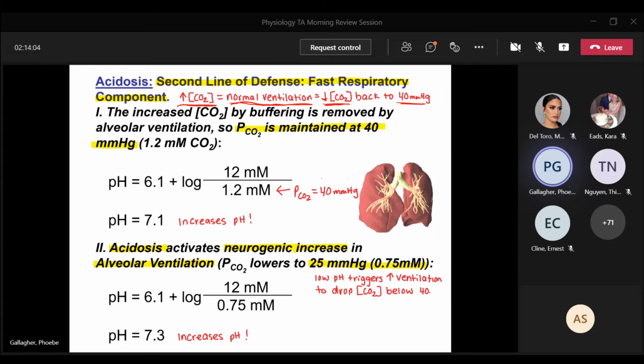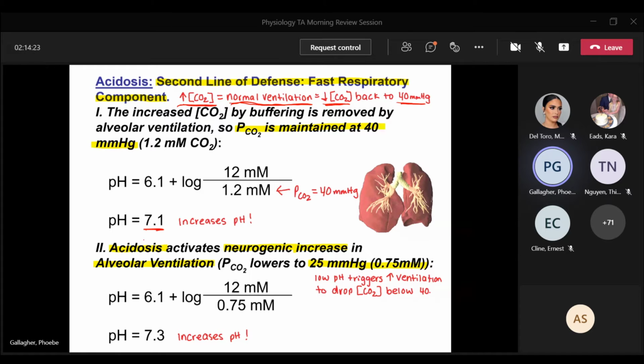So you're back at 40. You have normal CO2 levels, but our pH is still low because we have lost our bicarbonate. Our bicarb has decreased, so we still have a lower pH.